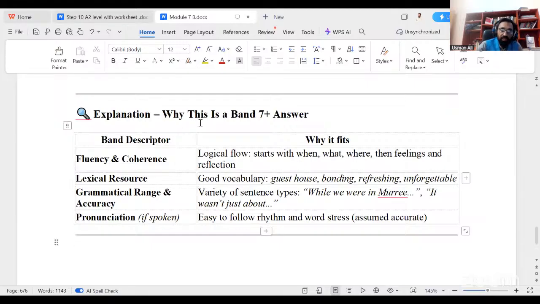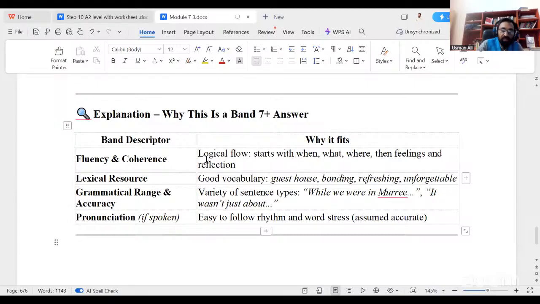So why is this a band 7 plus answer? Fluency and coherence is checked. Lexical resource is checked. Grammatical range and accuracy is checked. Pronunciation is checked. So these are the 4 criteria.